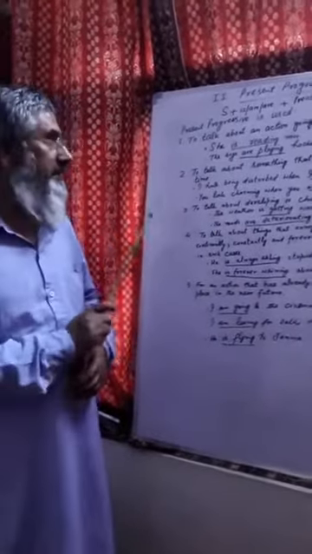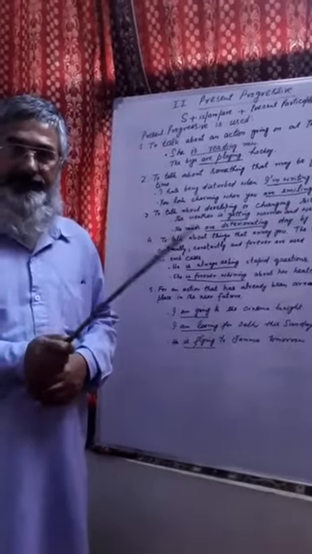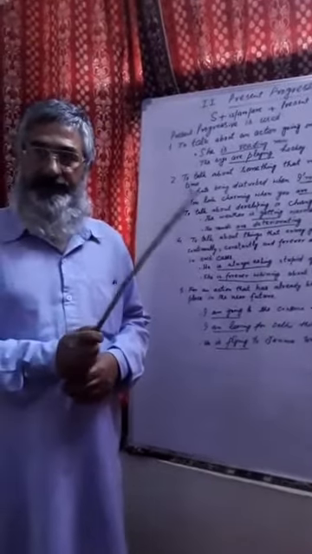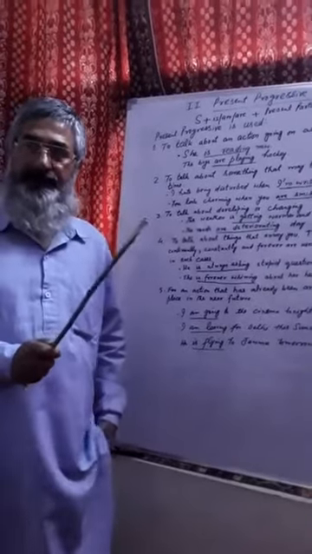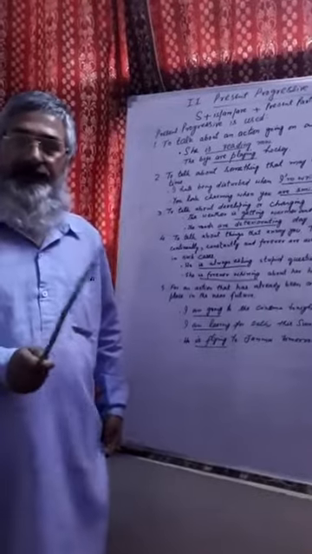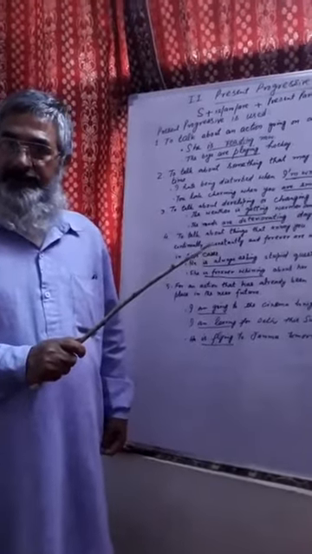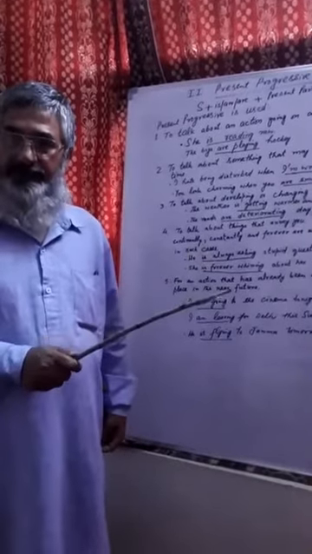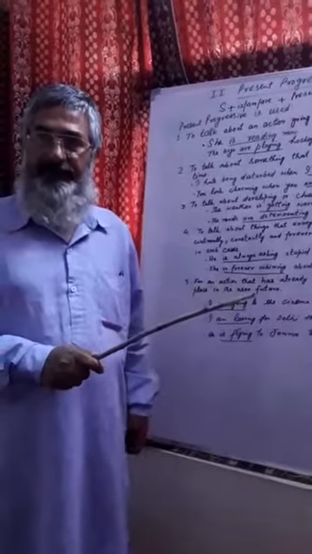There are three types of tenses: present, past, and future. I also told you that all these three types have four forms each, which are simple, progressive, perfect, and perfect progressive.